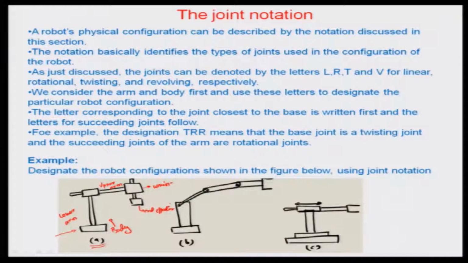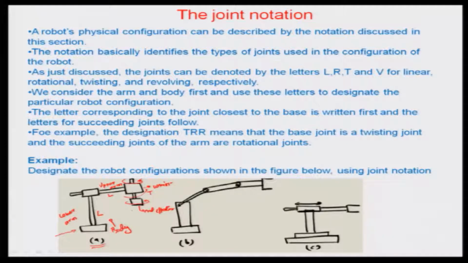So, in this particular case, we started with a linear lower arm, a linear upper arm, and then a twisting wrist. The wrist is capable of twisting and rotating. Rotation of the wrist is in this particular direction, and the twisting is in this direction, and so is the end effector's twist.